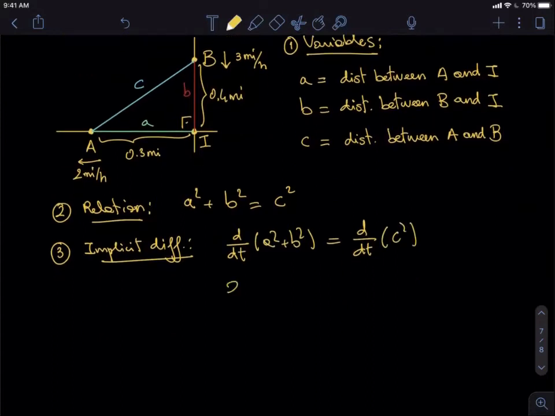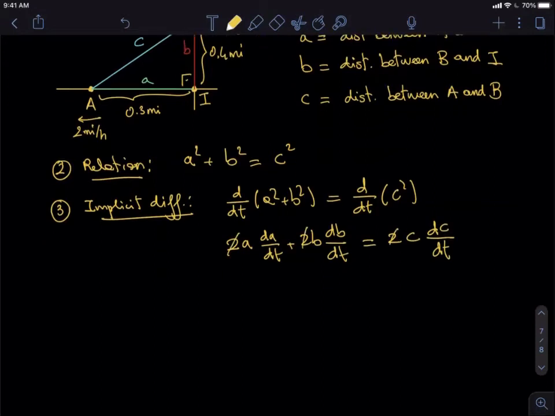So this is 2a da/dt plus 2b db/dt equals 2c dc/dt. Well, I can simplify the 2's everywhere. So let's write it over here: c dc/dt equals a da/dt plus b db/dt. And here it's useful to write it as clean as possible, because that way we will be able to see better what we have and what we don't.